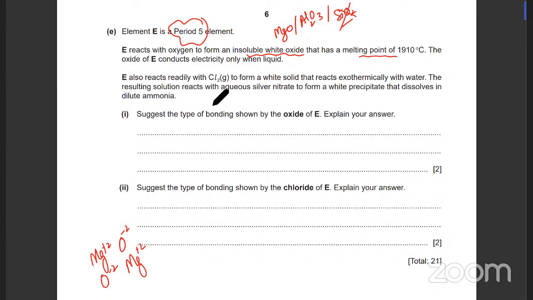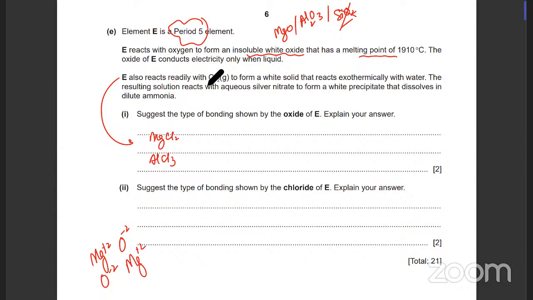So I've got two white solids now: one is MgCl2 and the other one is AlCl3. I've got only these two options left.